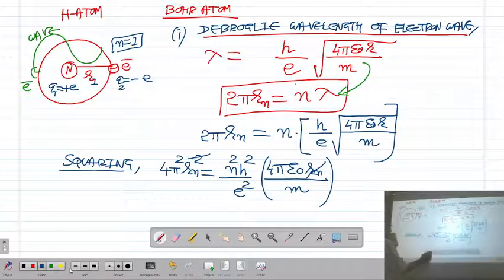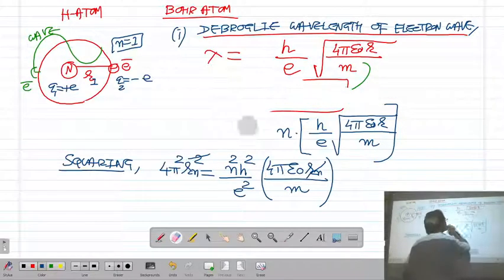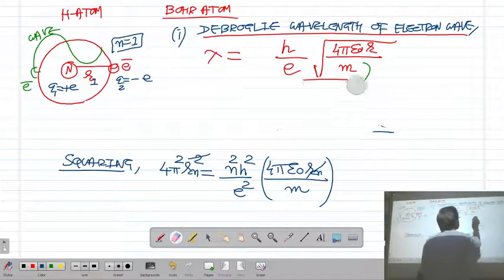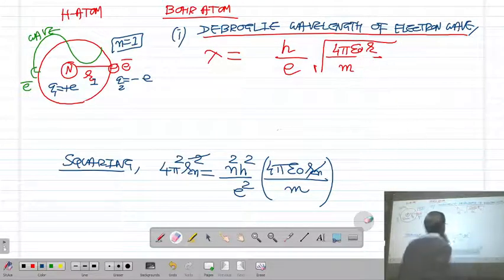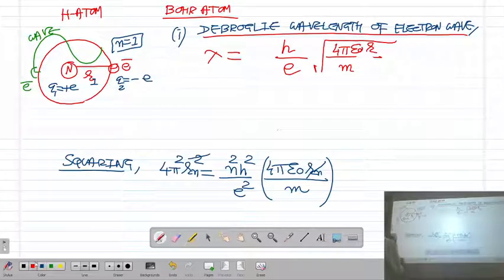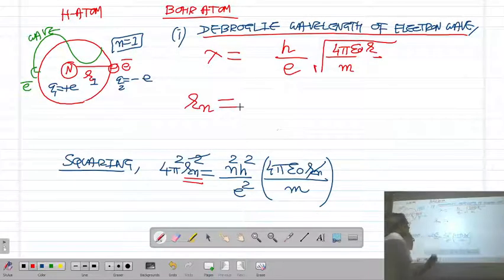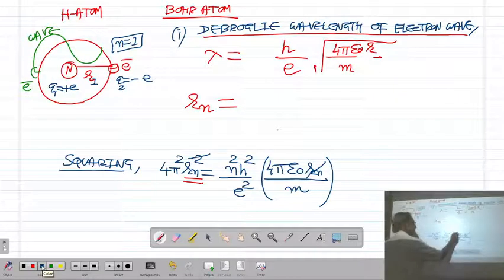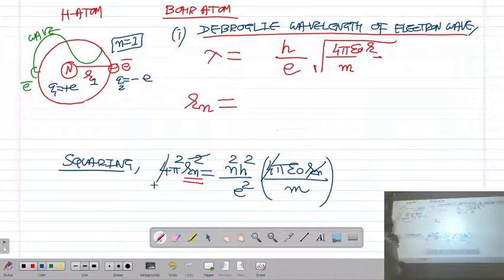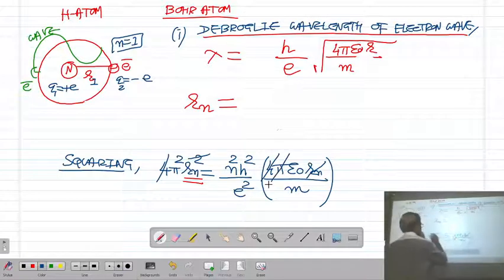So the radius rn of the nth orbit is equal to, see, 4 is also going to be cancelled, and 1 pi is also cancelled.